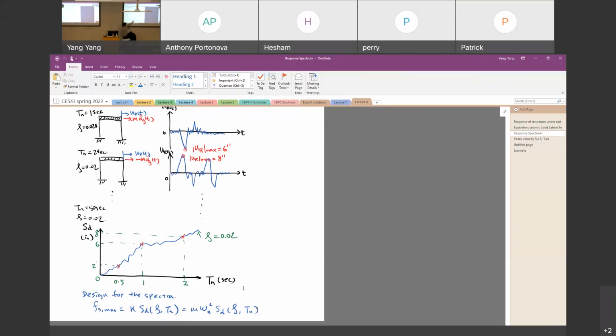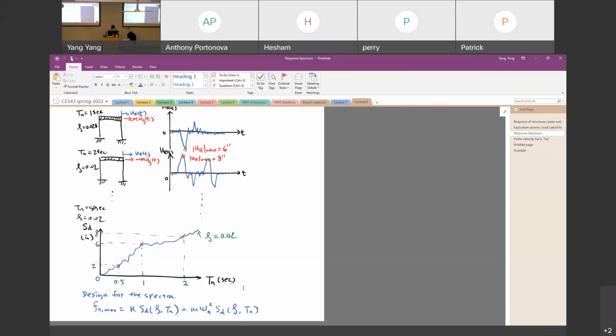With the variation of the natural period of that frame, the maximum displacement of that frame under the given earthquake should be different. So actually, the response spectrum just tells us the relationship between the maximum response versus the natural period of the structure. So that is the definition of the response spectrum over here.